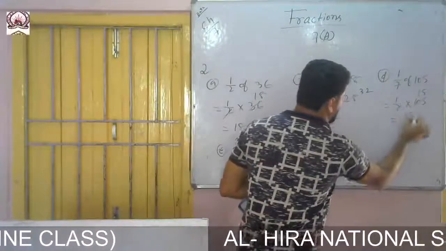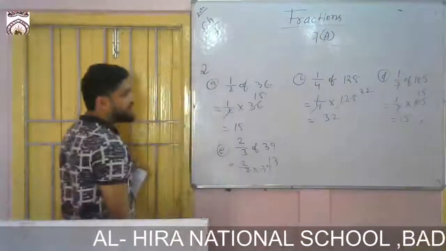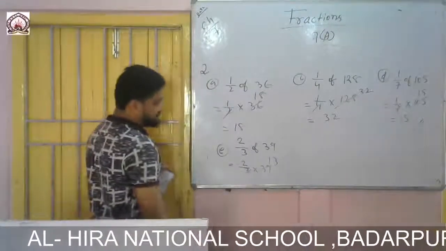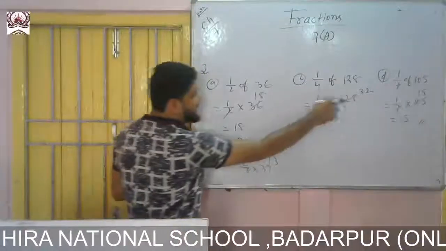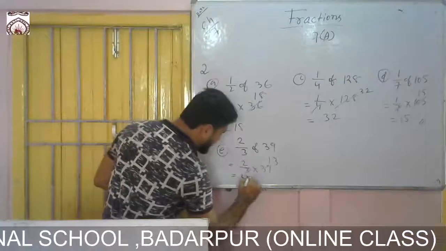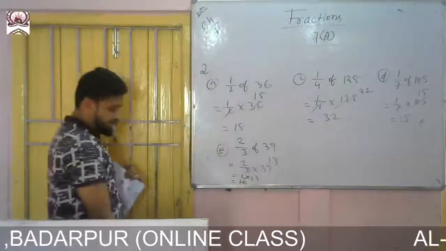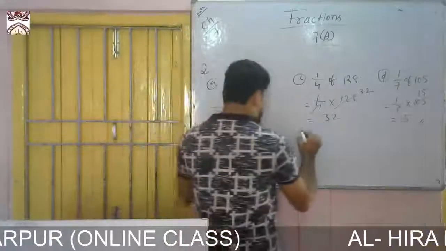Here I am getting 105, so the answer is 15. Here 2 13s are 26. So 2 into 13 is 26. The answer is 26.